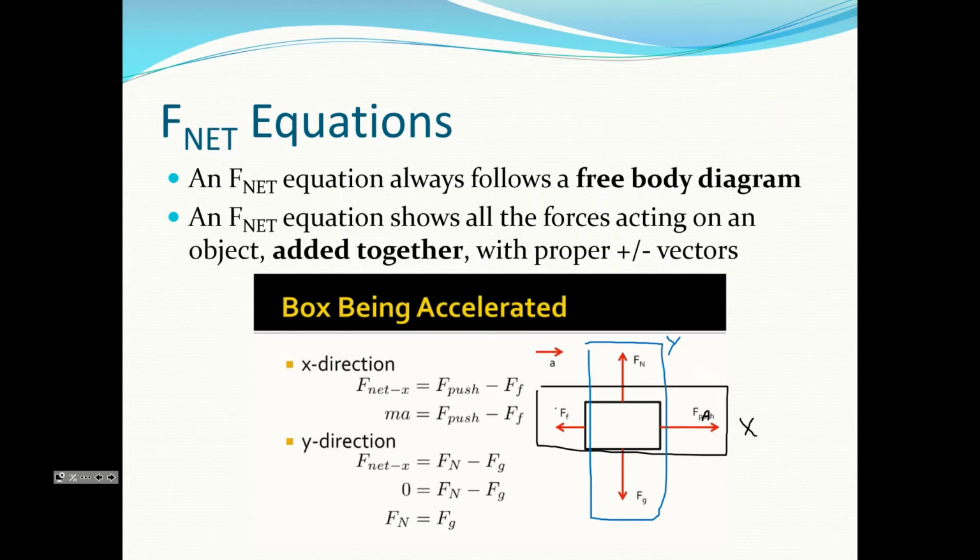We wouldn't want to include all of our forces together in one equation, right? So this is our FNet equation for x. We have our force of push and our force of friction, and then they do a separate one for the y, which has force normal and force of gravity. We want to keep those separate, and we'll combine them together later when things get a little bit more difficult.